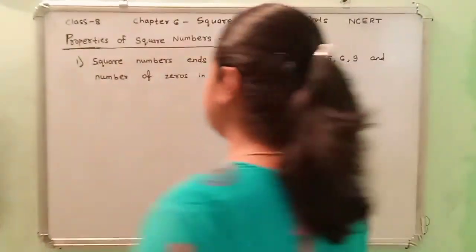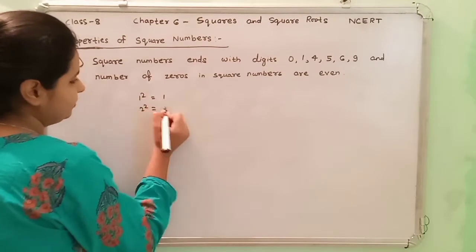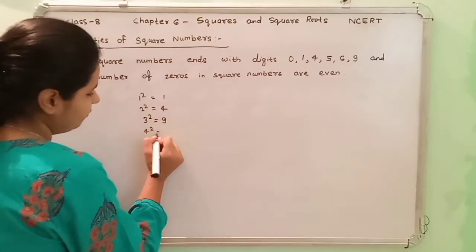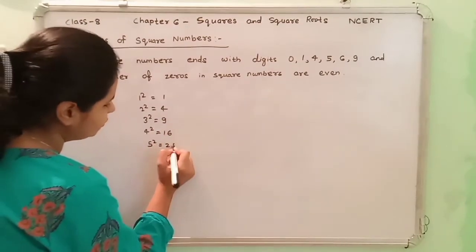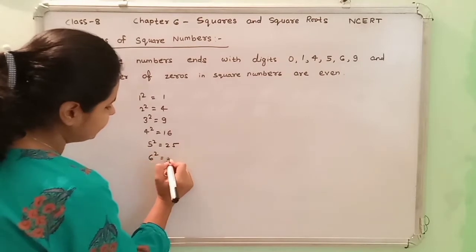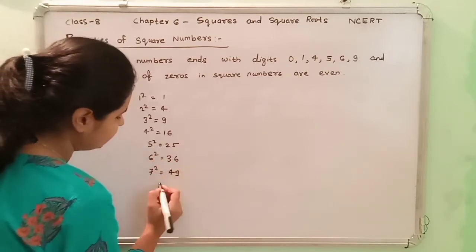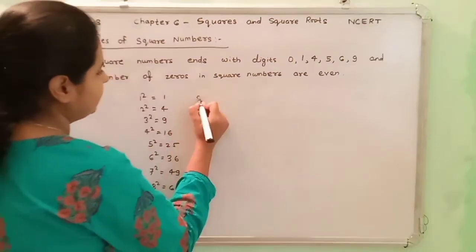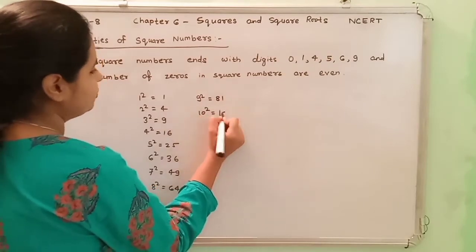Suppose I am writing 1 square is equal to 1, 2 square is equal to 4, 3 square is equal to 9, 4 square is equal to 16, 5 square is equal to 25, 6 square is equal to 36, 7 square is equal to 49, 8 square is equal to 64, 9 square is equal to 81, 10 square is equal to 100.